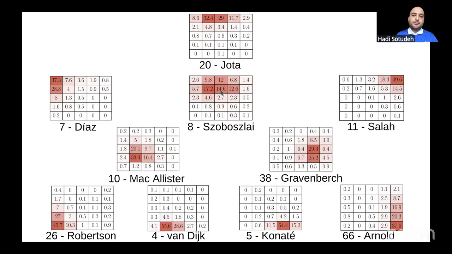And that's also interesting to look at number 20, Jota. He also played in that match around 30% as a center forward, but also 32% as a left center forward. So Liverpool had a tendency, at least for number 8 and number 20, to play more left than right. And maybe that goes back to number 11 because he was coming to the center. So maybe that's the consequence of that movement.